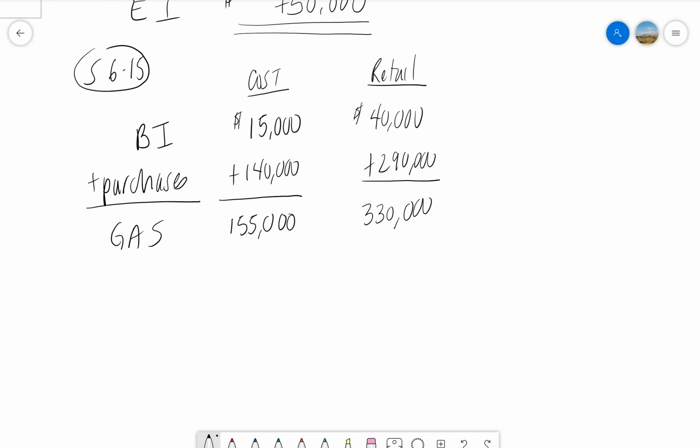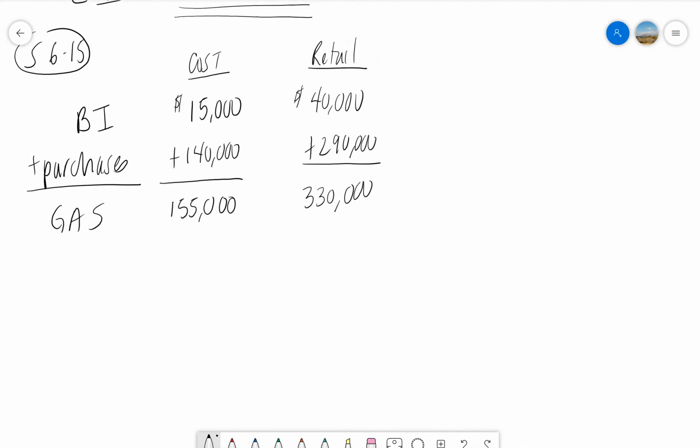Now we have to calculate what we call the retail ratio. The retail ratio is basically going to be the cost of the goods available for sale at cost divided by the goods available for sale at retail, which is the 330.